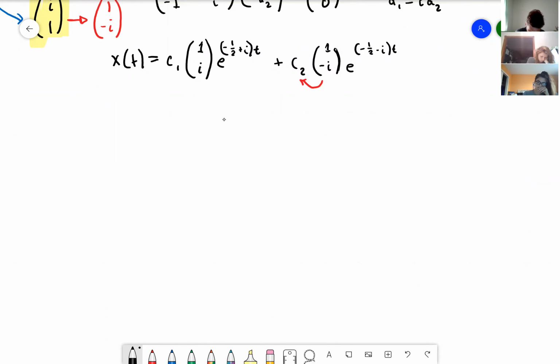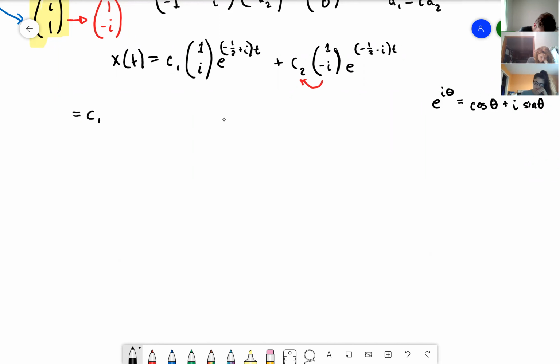Now, first of all, I'm going to use Euler's equation, which we've seen before. e to the i theta is equal to cosine theta plus i sine theta. So that's what we end up with if we have e to a complex or imaginary exponent. So I can use that to rewrite this.